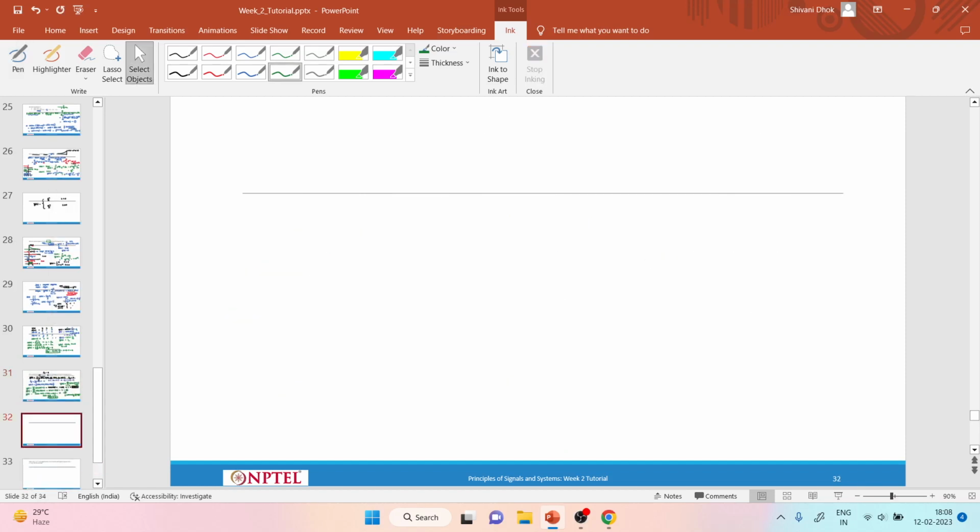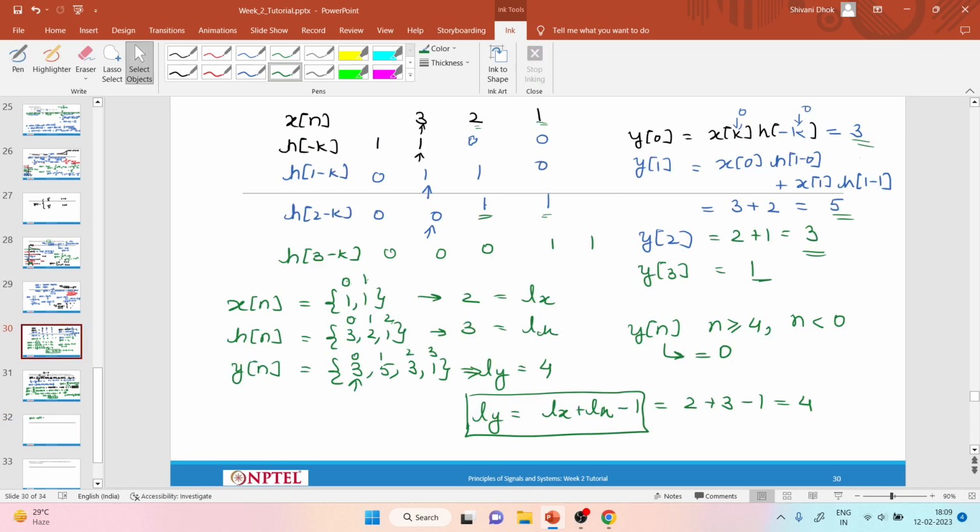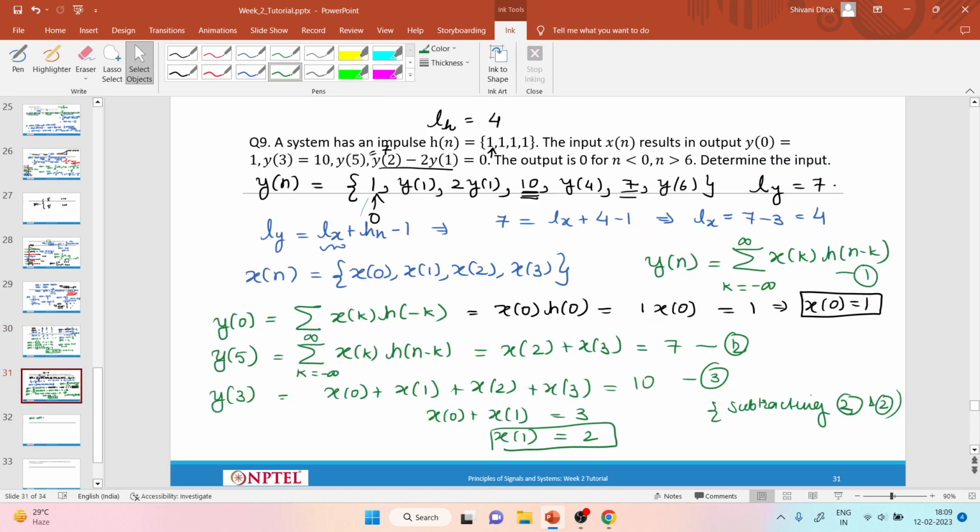Okay, now we have another relation, that is y of 2 is equal to 2 times y of 1, and we found that this y of 1 we don't know, we want to find the value of this.